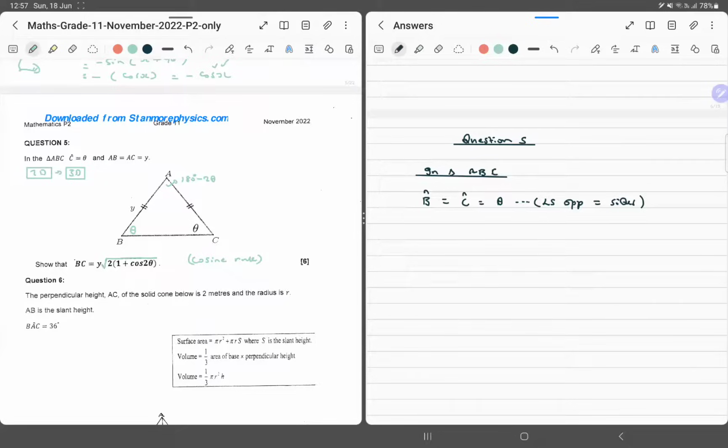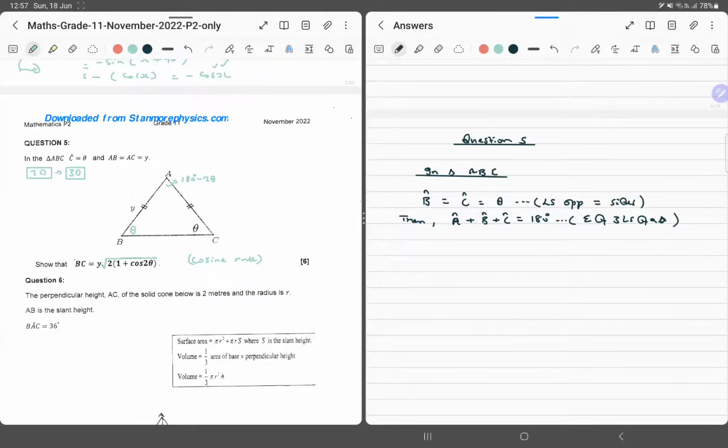That's it. We can say here then, we know that angle A plus angle B plus angle C equals 180 degrees. This is the sum of 3 angles of a triangle.